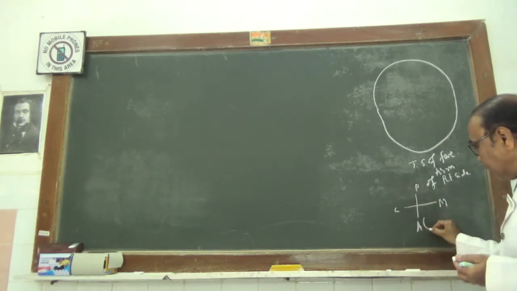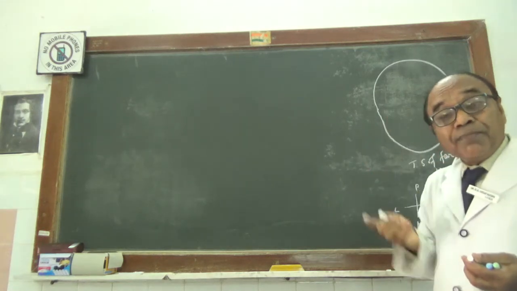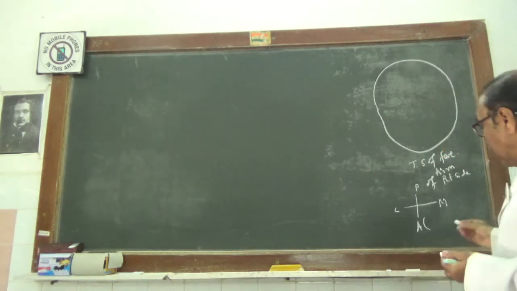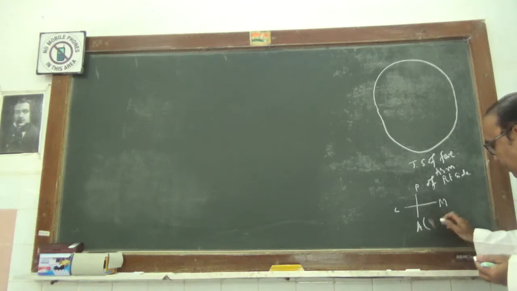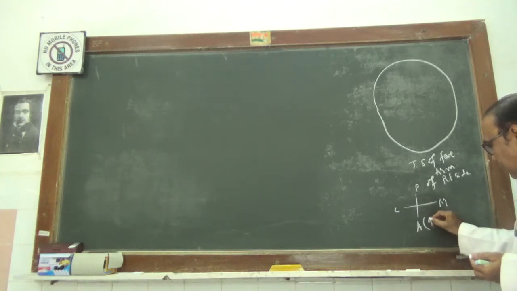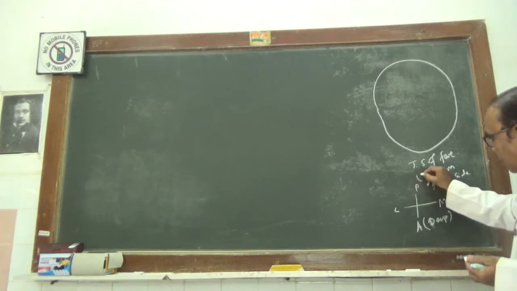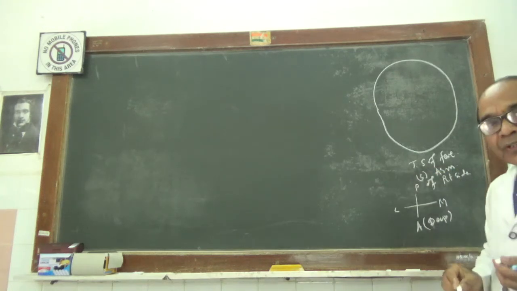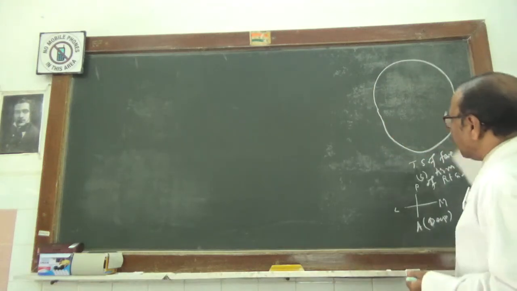The back portion of the forearm may be considered as deep, and this will be considered as superficial. You have to keep a little bit of adjustment in what we are doing.